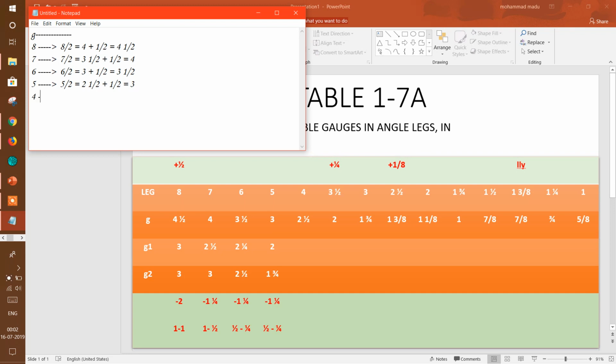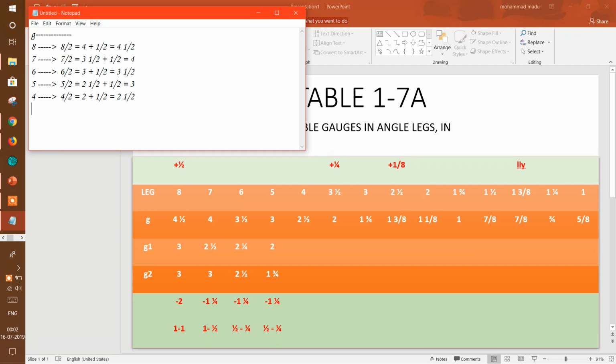Up to 5 we're going to get the longer leg, and we can get G1 and G2. When it comes to the shorter leg, starting from 4 we're not going to get those shorter legs. 1/2 equal to 2 1/2, that's what you're going to get.